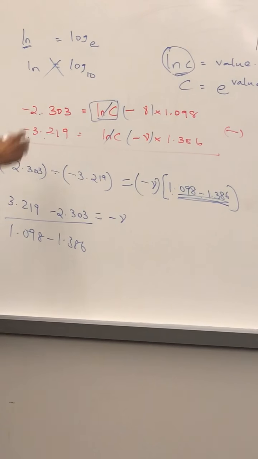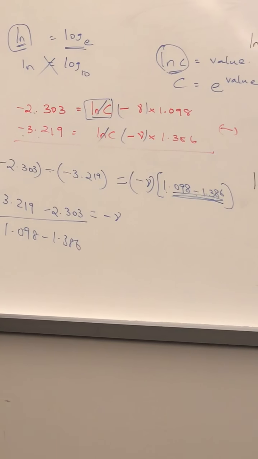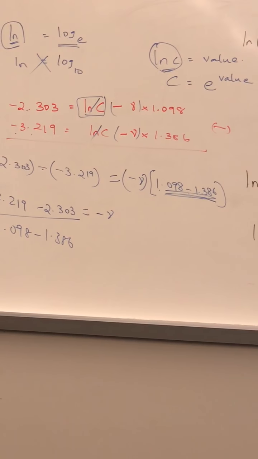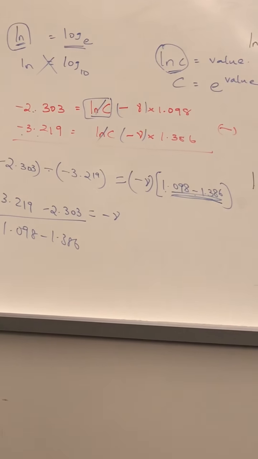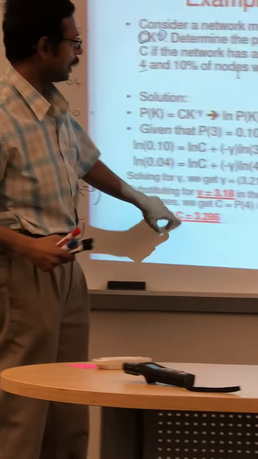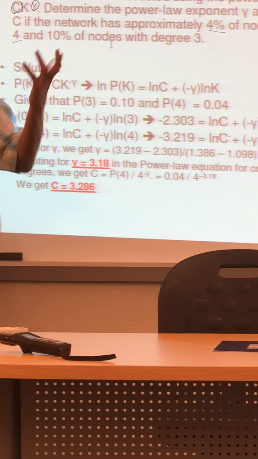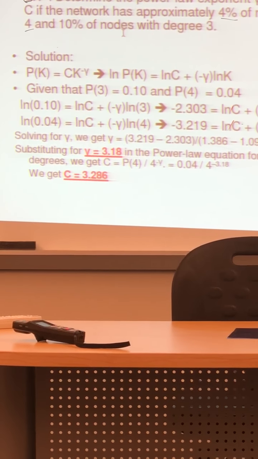So only in the case of natural logarithm, you can write ln. So if you do not know so far, it's time to know this, okay? Alright, so we get C to be 3.286. So of course you can substitute C and gamma in those equations and check if you get the answer, okay? Any question?